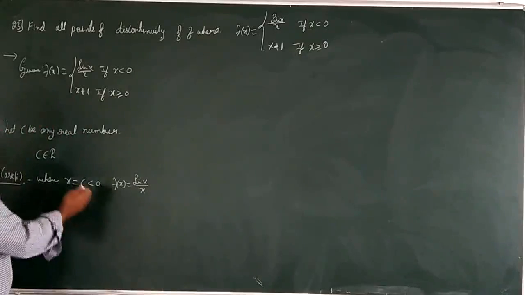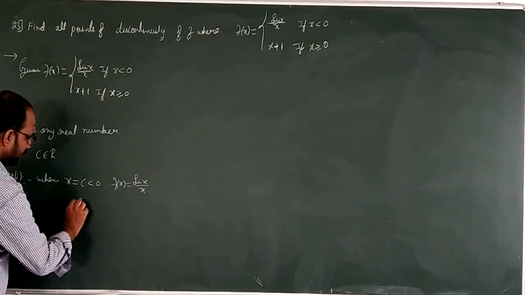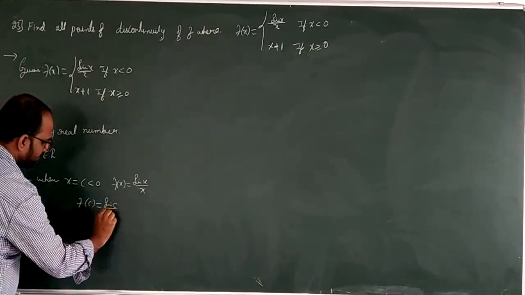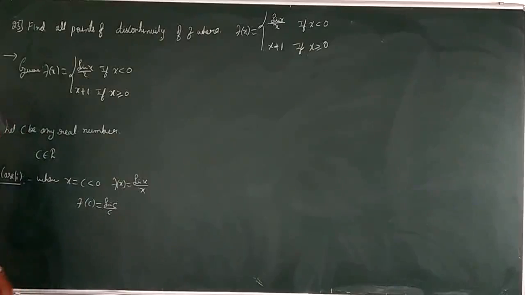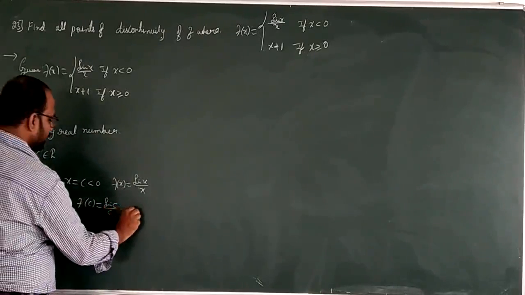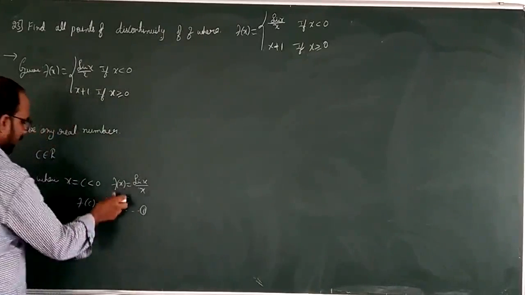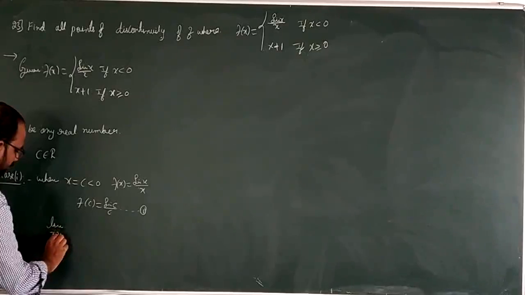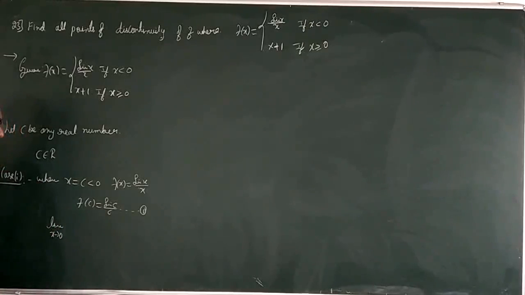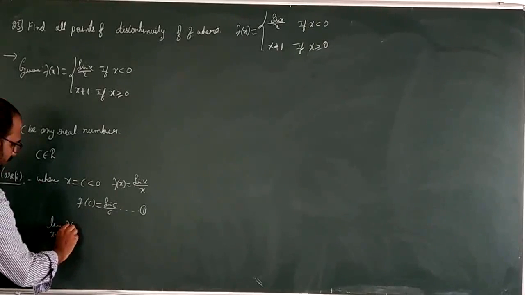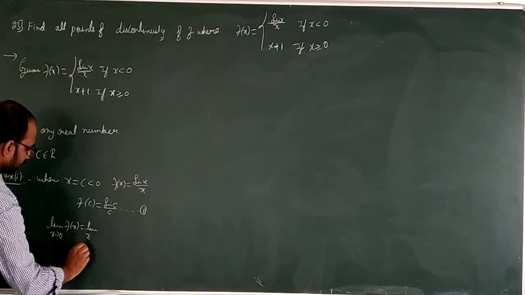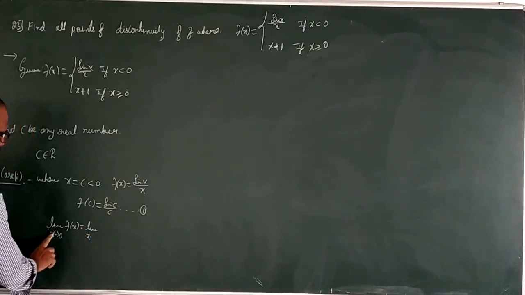If I substitute c, f of c is equal to sin c divided by c. This is called equation 1. Now apply limit on both sides. Limit x tends to c of f of x is equal to limit x tends to c.